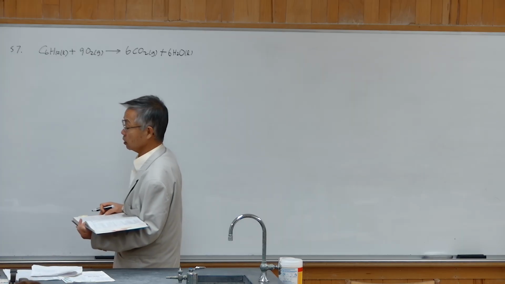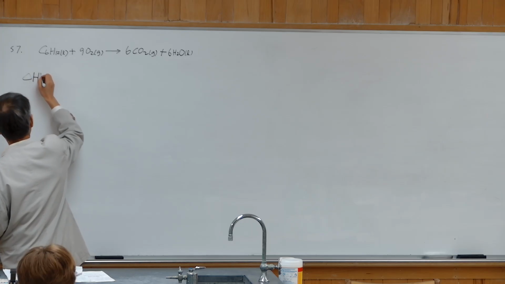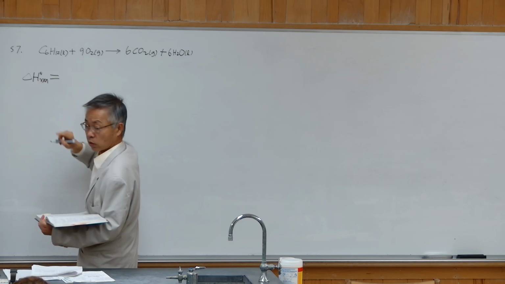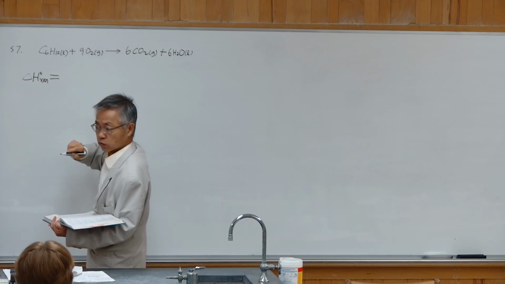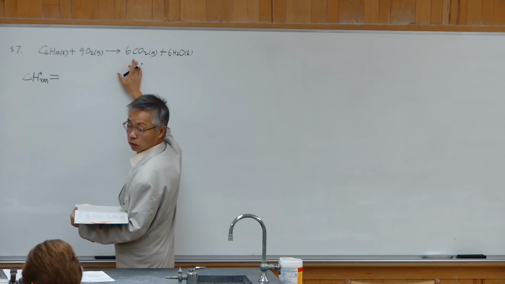So for a chemical reaction, to calculate the standard enthalpy of this reaction, the general formula is the total standard enthalpy of formation from products.